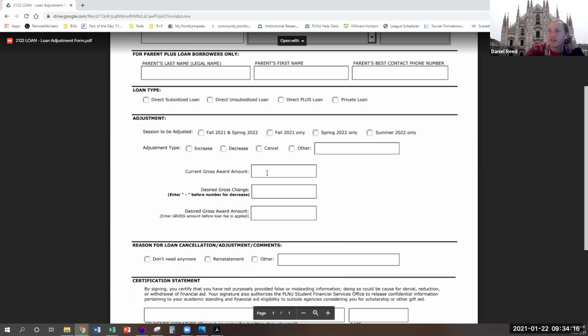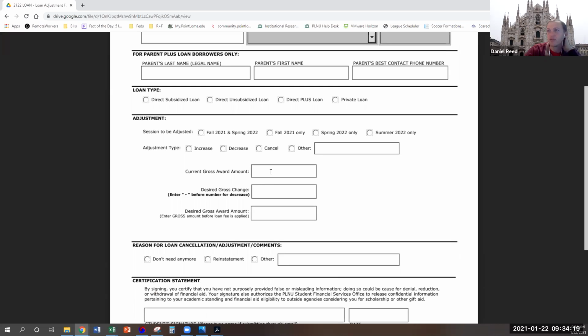And looking at the gross amount. Just as a reminder, that's the total award amount. So if a subsidized loan is at $3,500, we're not looking at the exact net amount, what comes to the student account after the fees are taken out.